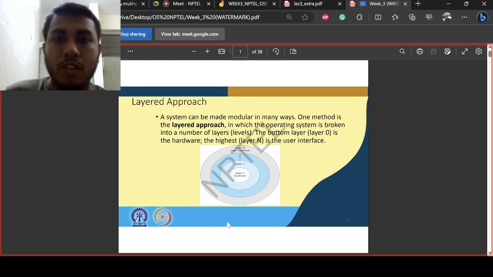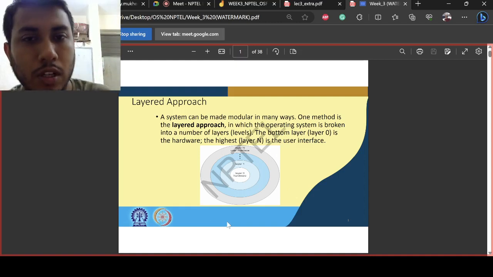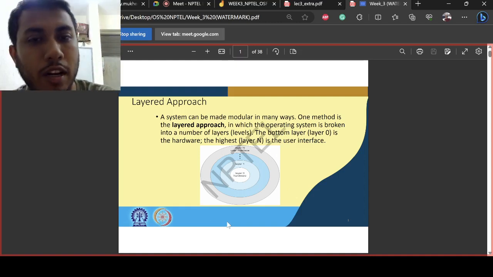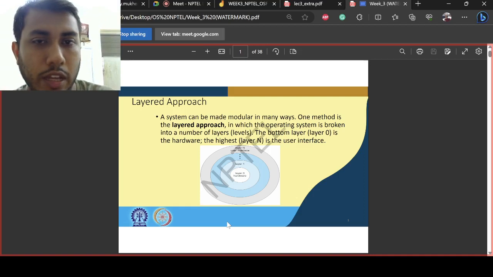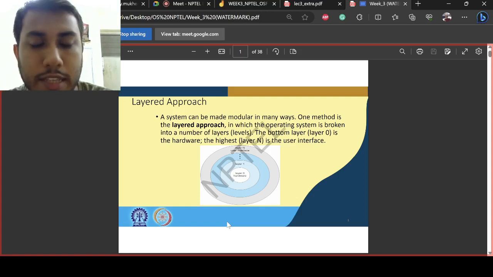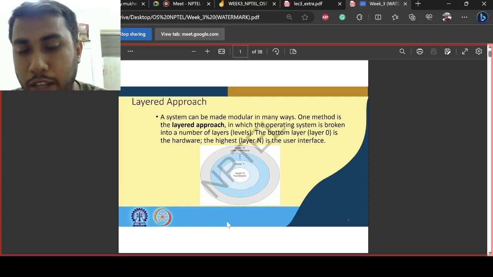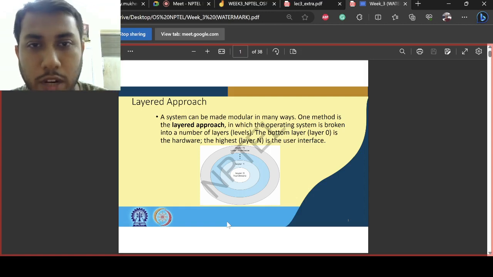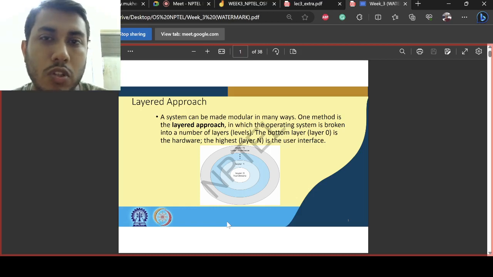The user interface can be your application program, or something you are writing on the terminal. Layer 1 to layer n minus 1 can be various parts of the OS. We have seen that the OS provides functionalities for database processing, for communicating with the I/O devices, and so on. There are many layers, as well as the system calls. Those are ways to represent an OS.